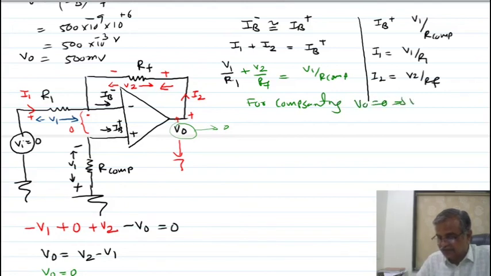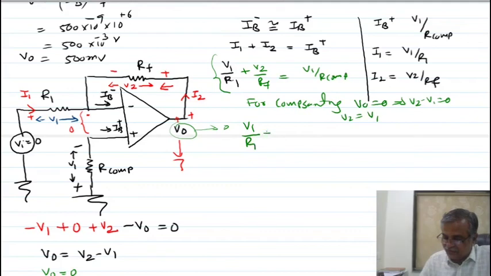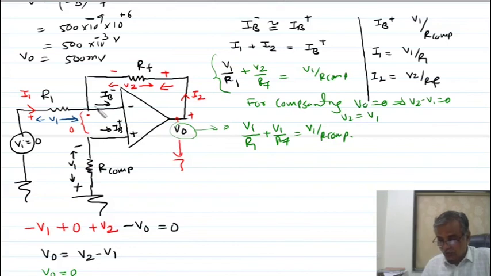That is, V2 minus V1 is 0, so V2 is equal to V1. So this equation can be written as V1 by R1 plus V1 by RF equals V1 by R compensated. See, you want to compensate this voltage. So how have you done it? What is the way you have done it? You have introduced this.